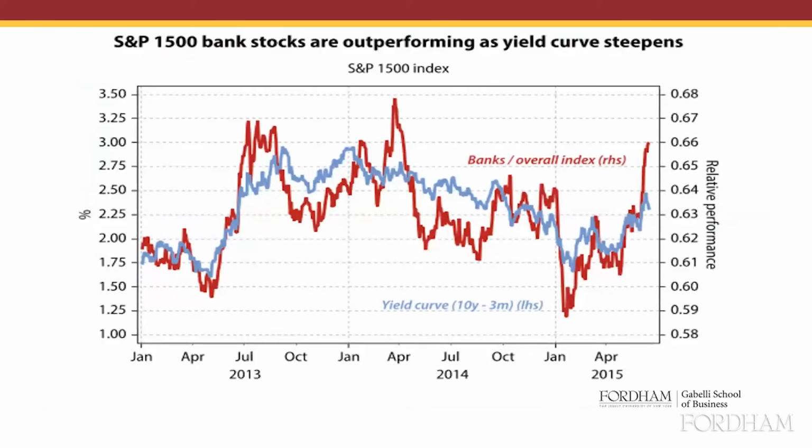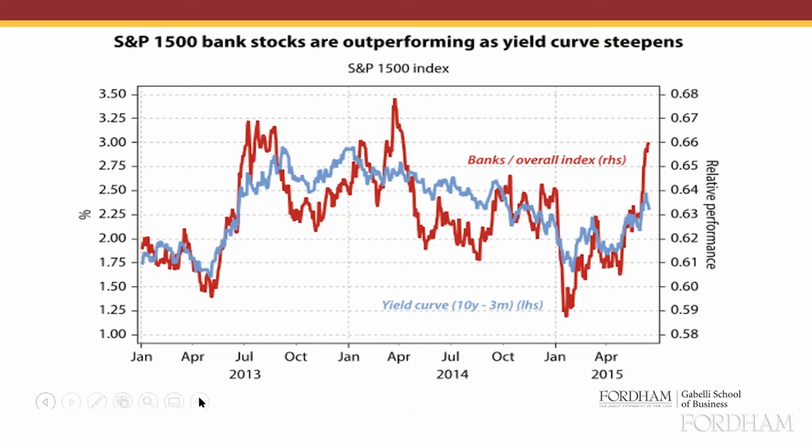A curve steepening situation is very good for the bank stocks. Here you see the blue line represents the yield curve and the red line represents the bank stocks as a function of the overall index.